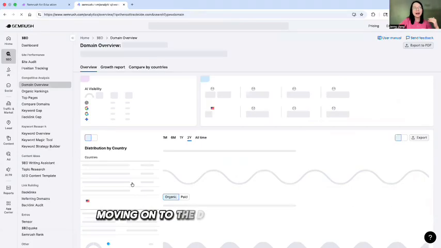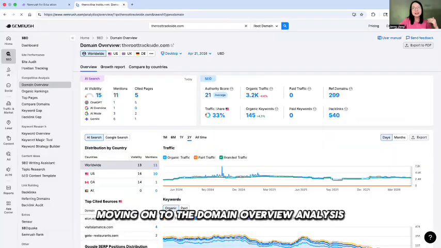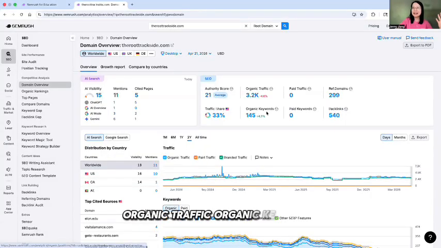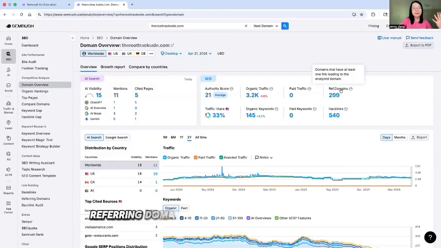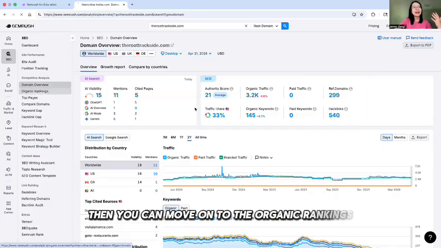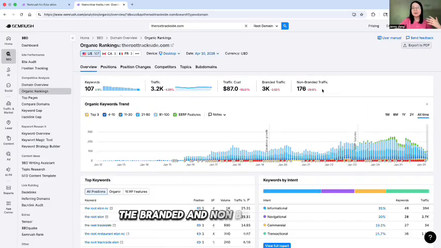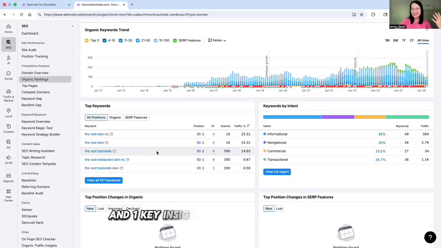Moving on to the domain overview analysis, talk about the authority score, organic traffic, organic keywords, referring domain, and a one-sentence interpretation. Then you can move on to the organic rankings, talking about the branded and non-branded traffic, the top keywords, one key insight about discoverability, and two keyword recommendations.